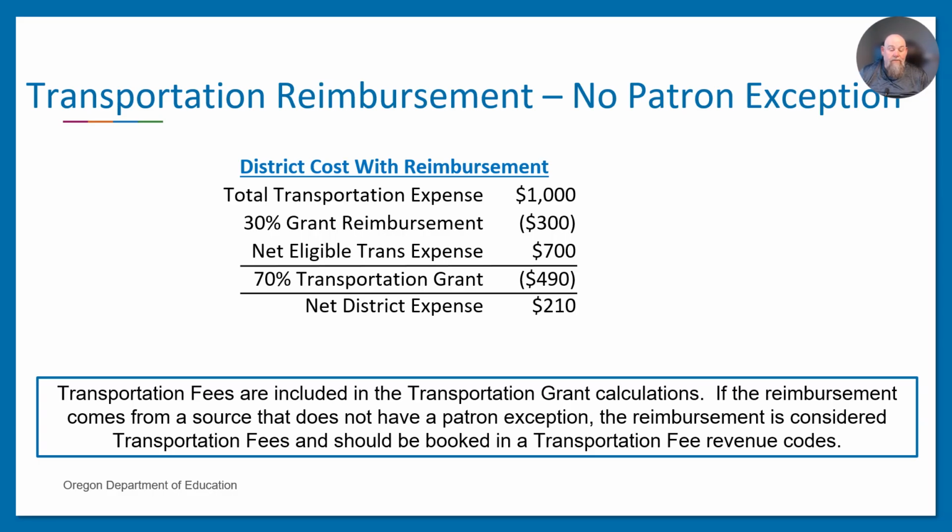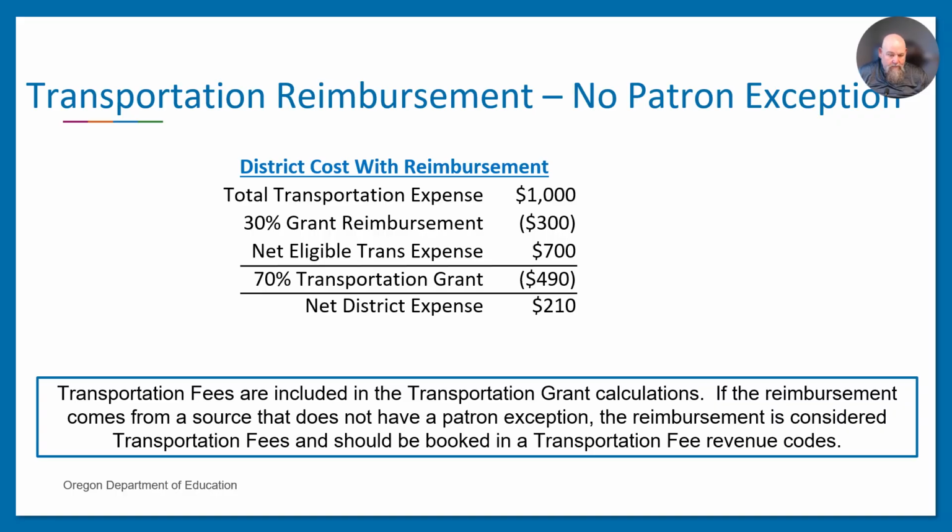You get the 70% reimbursement on that $700, which is $490. And so your total expense for that trip is only $210, where it would have been $300 if you hadn't got that reimbursement. So if you move up in costs, that's going to give you more of a net district savings on those reimbursements.